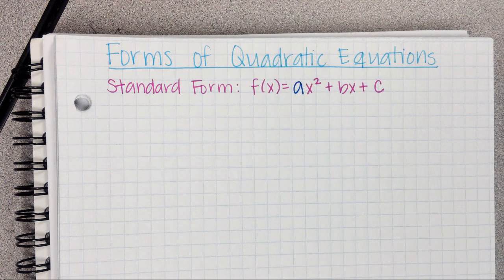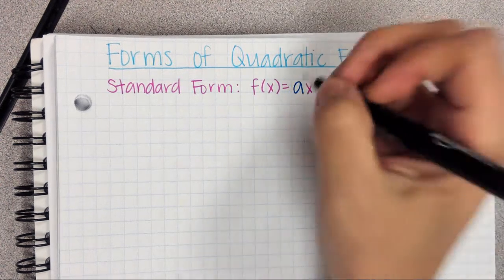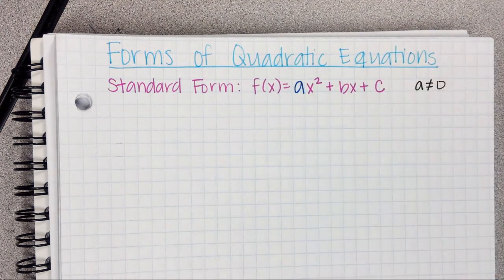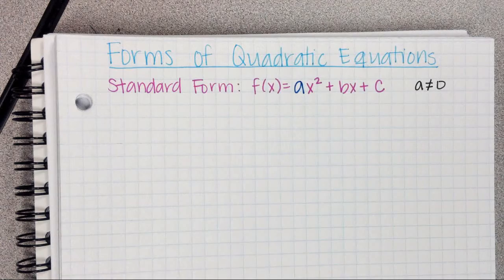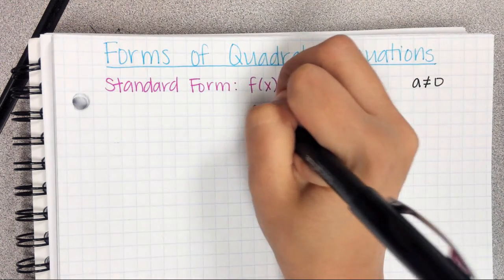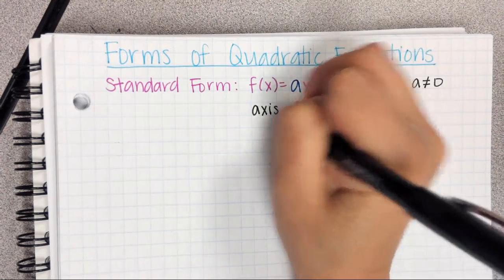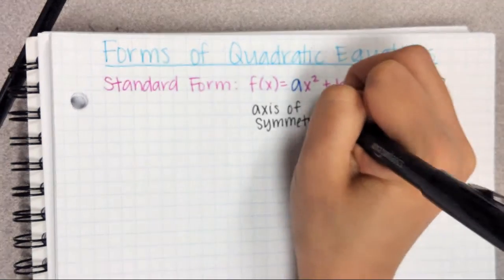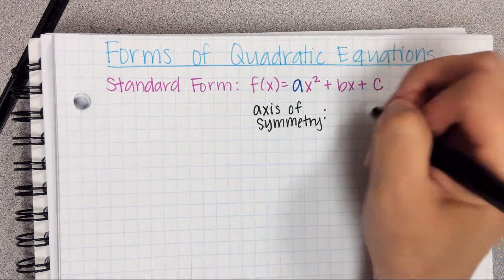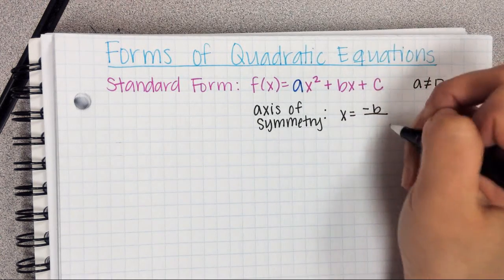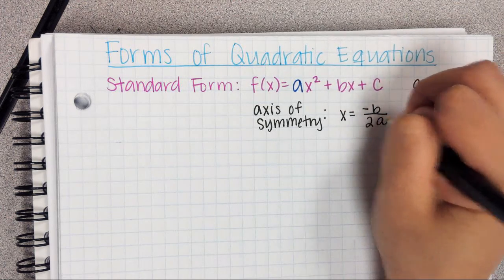In standard form, and in all these forms, a does not equal 0. To find your axis of symmetry when you're given standard form, that is x equals negative b divided by 2a.